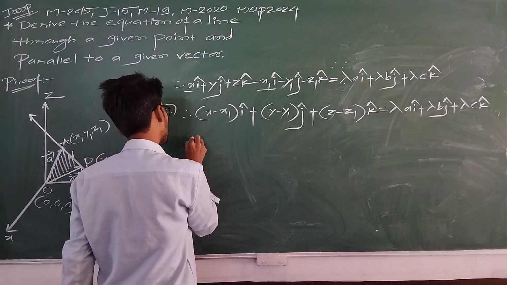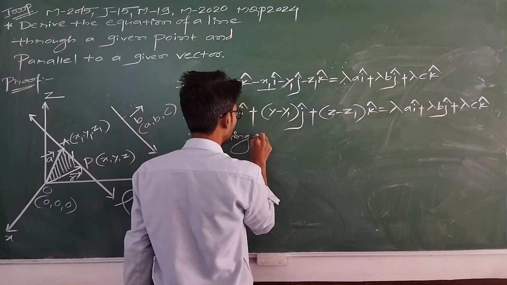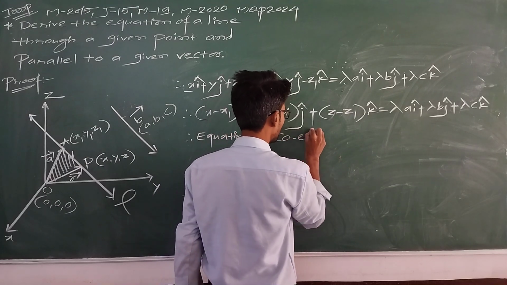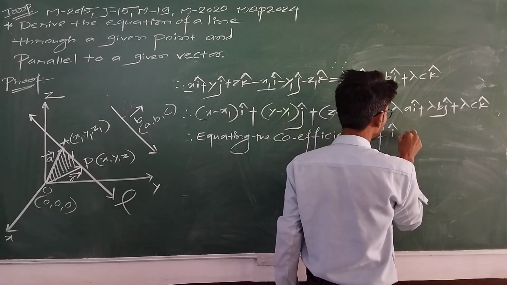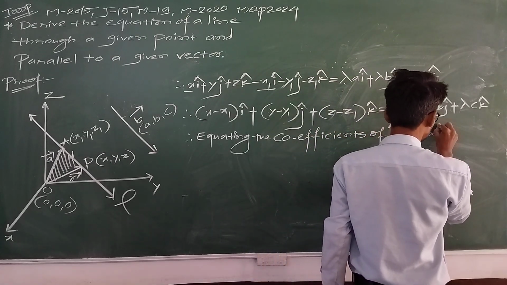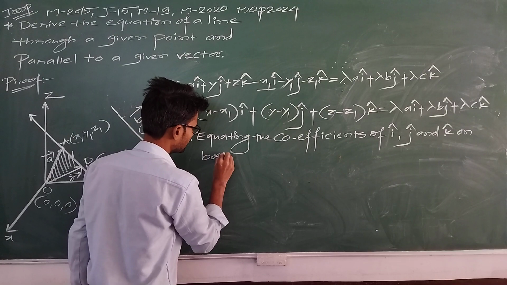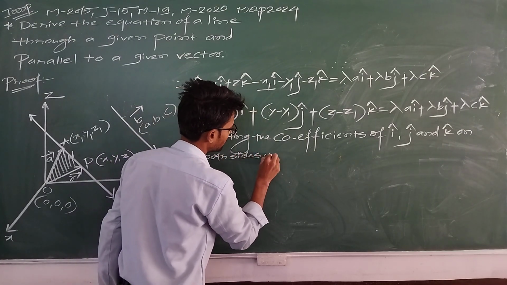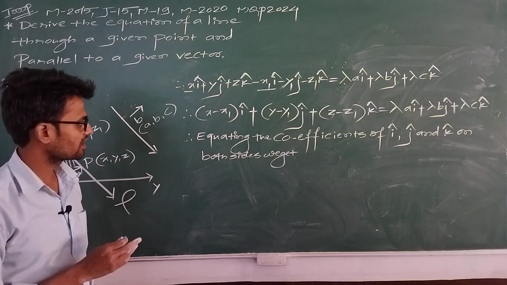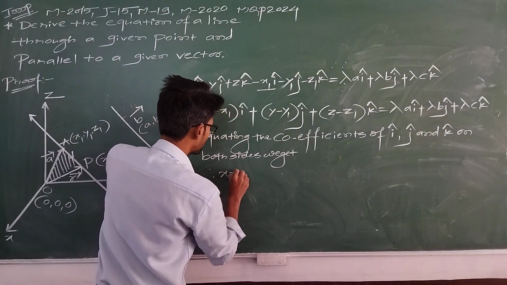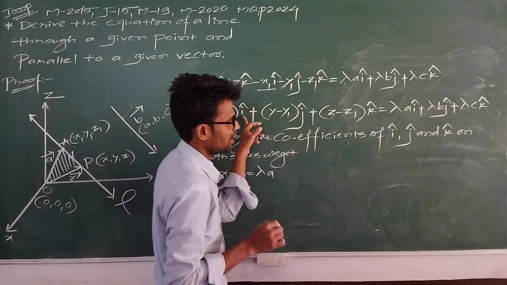So you get x minus x1 is equal to lambda a, equating the coefficients of i cap.